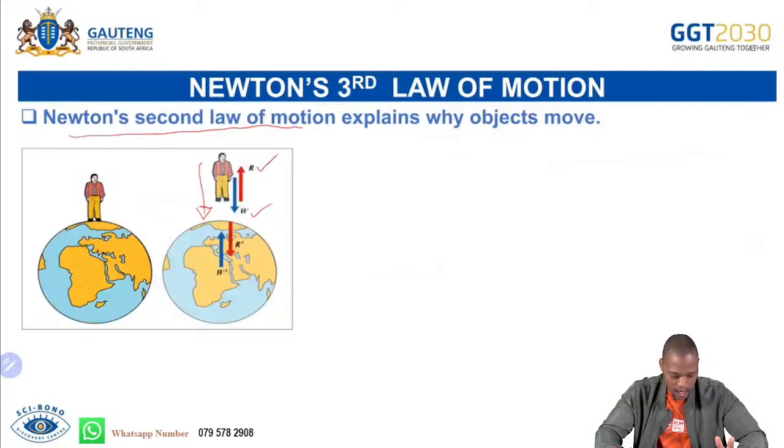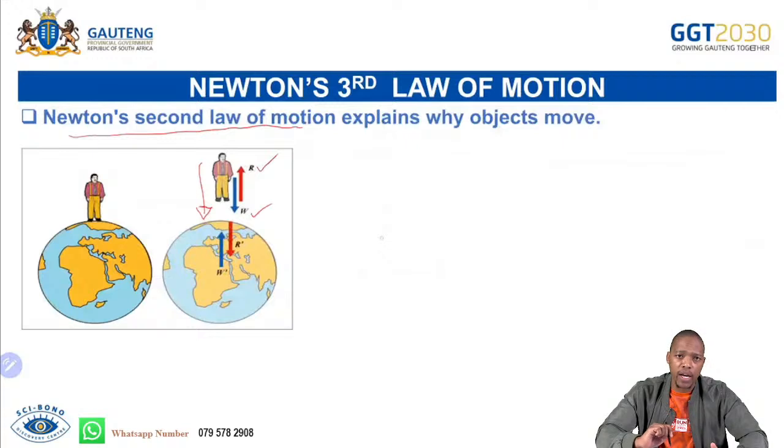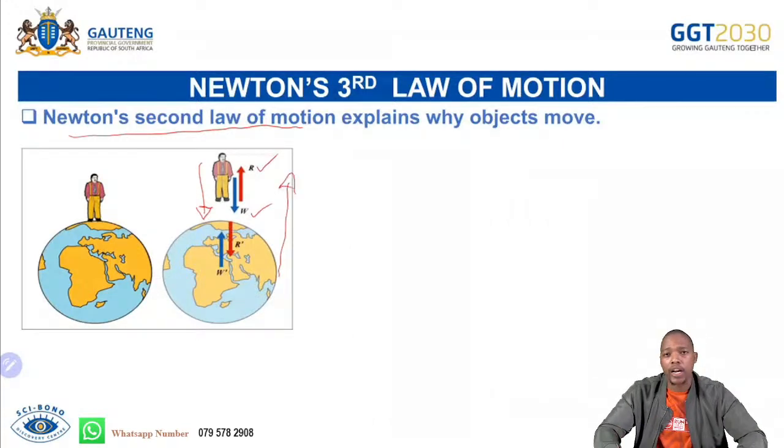So what does that tell us? That helps us understand why you are the only one that falls towards the earth. The reason why, as much as you are pulling the earth, the earth cannot move towards you in the direction where you are pulling it is because of its mass.